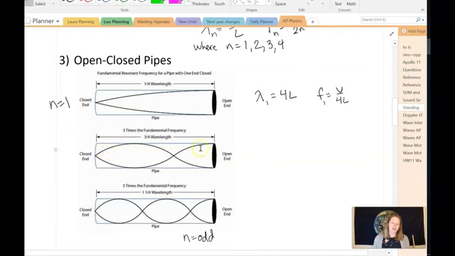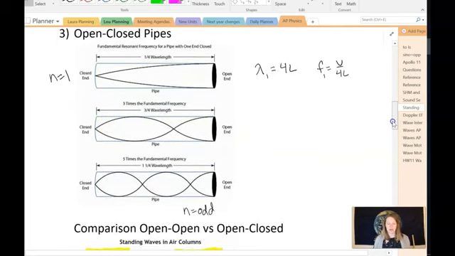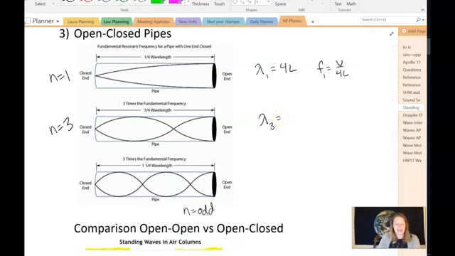So what we have for the next overtone that we hear is 3 of the fundamentals fitting inside the tube. So we can call this one the n equals 3 standing wave that fits in the tube. And the n equals 2 does not exist.